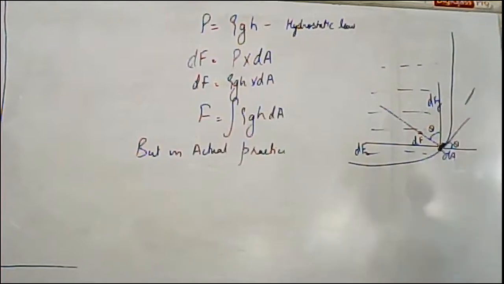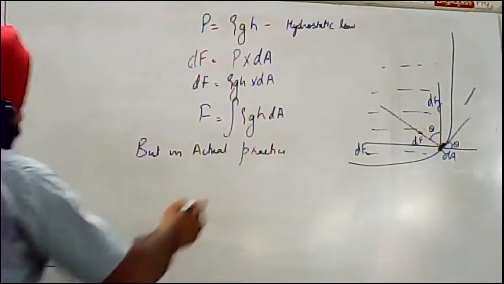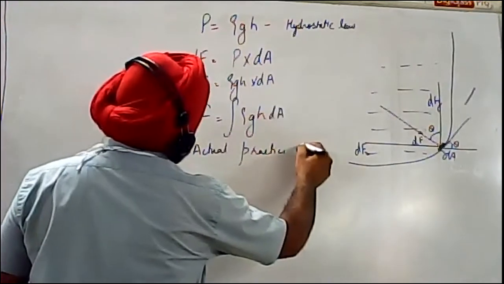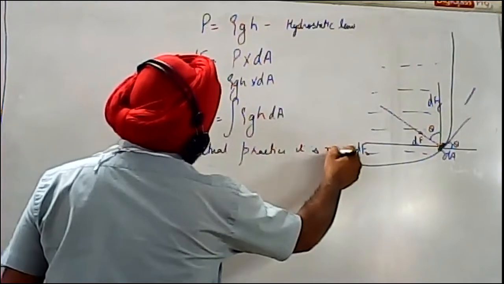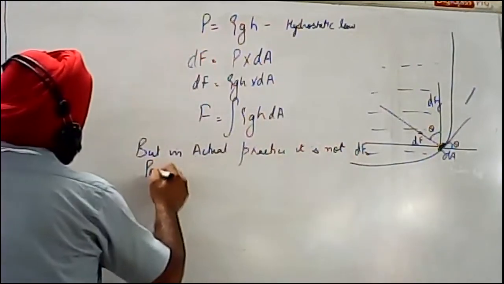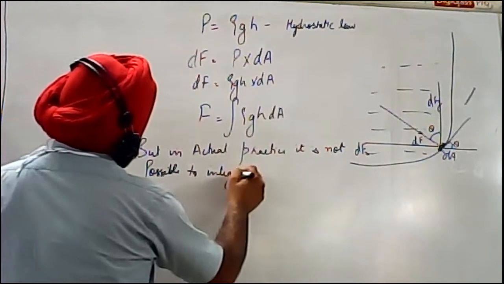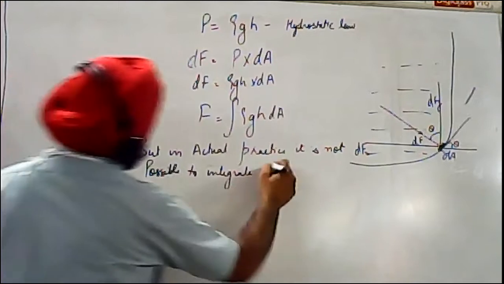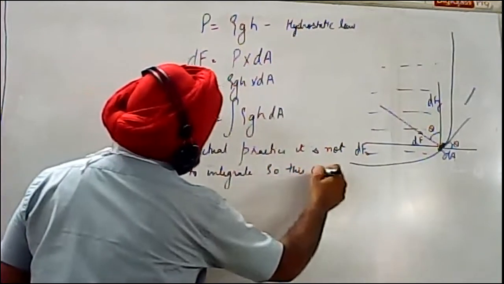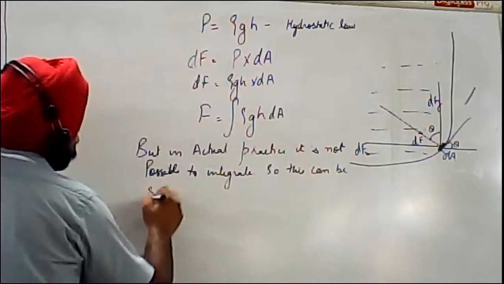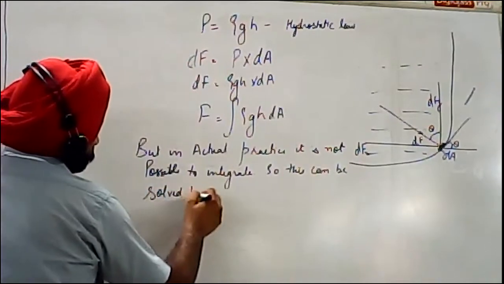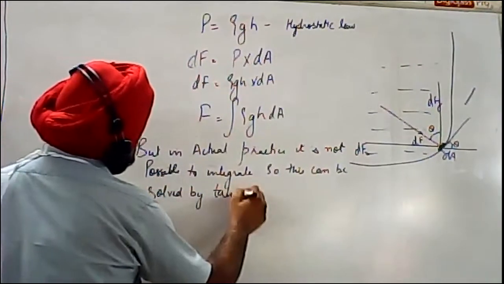You take it as a straight line also, but the area at this end and this end are not equal, so it is not possible to integrate this directly. So this can be solved by taking components.